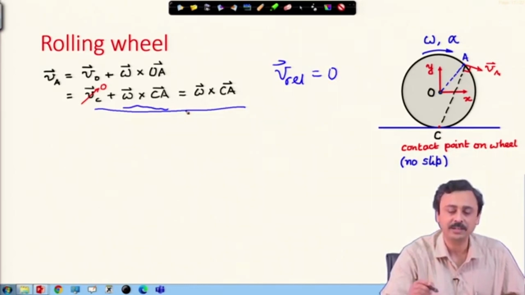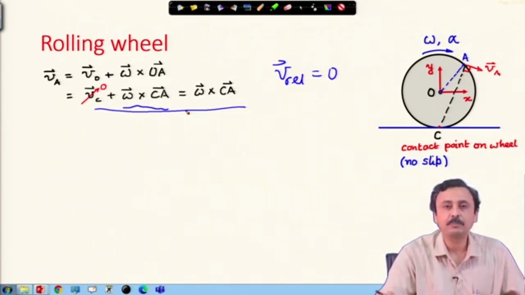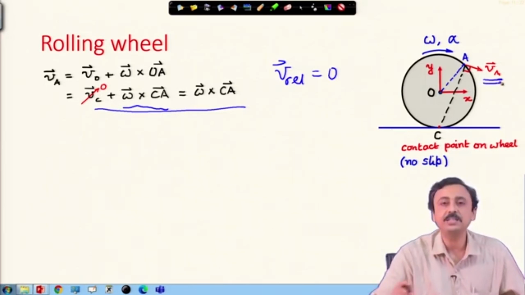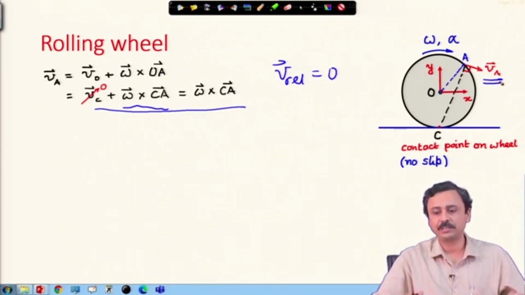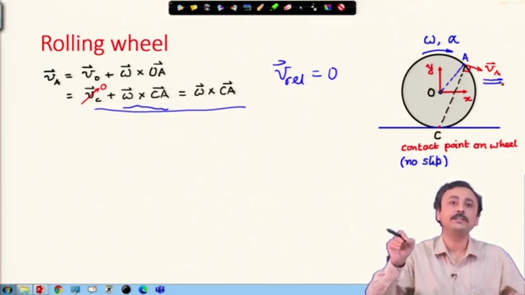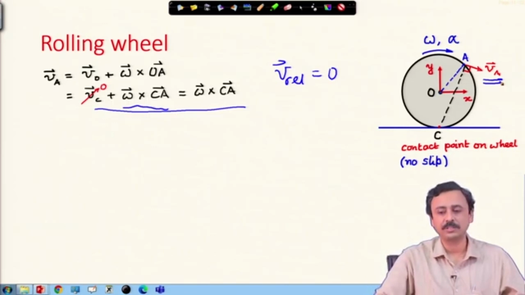Omega cross C A generates a vector which is perpendicular to both omega and C A. What is important here is it is perpendicular to C A. Therefore, the velocity of A can be very easily depicted in this figure if you use that contact point C. It is perpendicular to this line joining the contact point to the point whose velocity you want to represent.